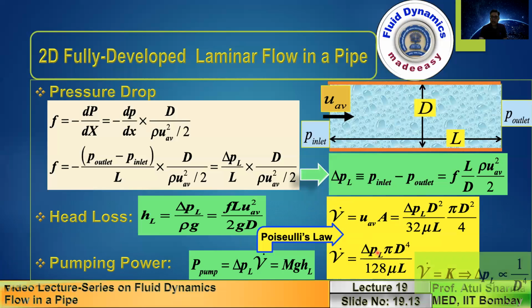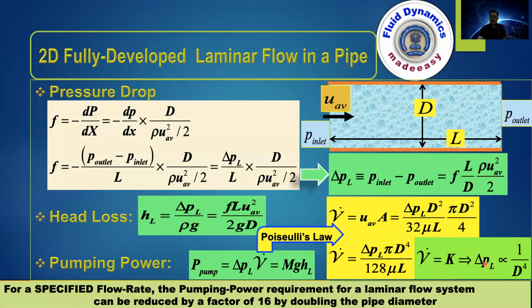So you can see that for a constant volumetric flow rate, the pressure drop is inversely proportional to the fourth power of the diameter, which means that if you want to have V dot as constant and you double the pipe diameter, since the pressure drop is inversely proportional to d to the power 4, you can reduce the pressure drop by 16 times for the same volumetric flow rate.